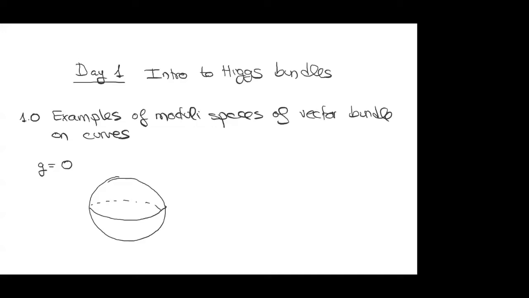Right, so we know that the Picard group of P1 is just Z, because any line bundle is given by the divisor that consists of a point multiplied by an integer.